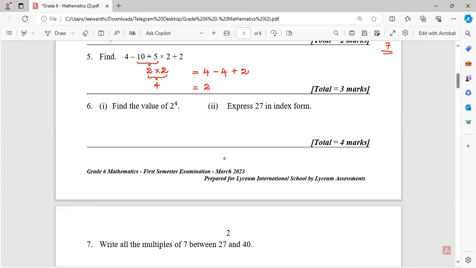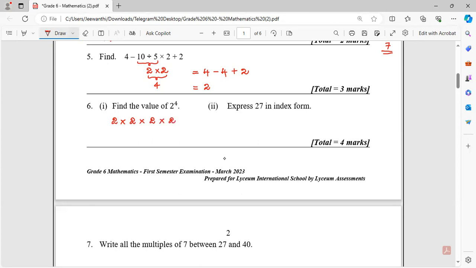Okay, when you have this kind of question, 2 to the power 4, what you should do, we write the base 2, 4 times. 2 times 2 times 2 times 2. 2 times 2, 4. 4 times 2, 8. 8 times 2, 16. See the way I'm writing the answers, right?